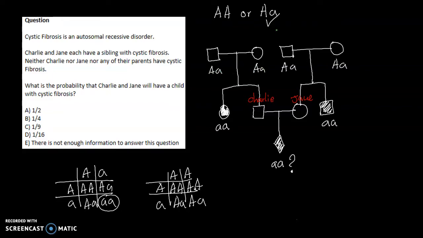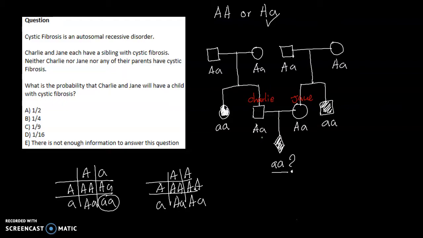Now, what are the genotypes of Charlie and Jane? Remember, we're trying to calculate the probability that their child is going to have cystic fibrosis, where the genotype is small a, small a. So we have to assign them as big A, small a genotype. Here's why. Charlie and Jane cannot have the genotype small a, small a because they don't have the disease. In addition, if we have one of them as big A, big A genotype, then we already know the probability of their child being small a, small a genotype, which is precisely 0% probability.